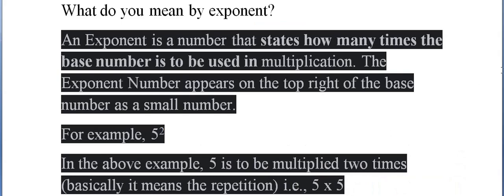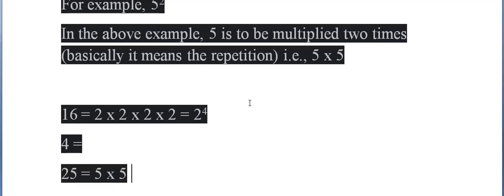Now let me take you to this number, 16. Let us just assume it to be 16. It can be any number, like let us say 4, or it can be 25. So when we prime factorize this 25, you can see that 5 will multiply with itself. 5 into 5, then we get 25.